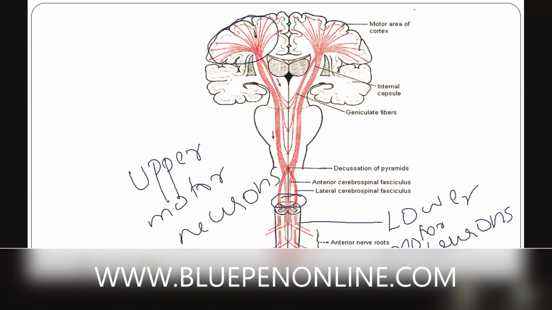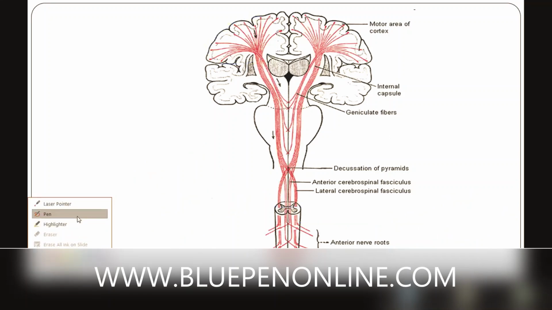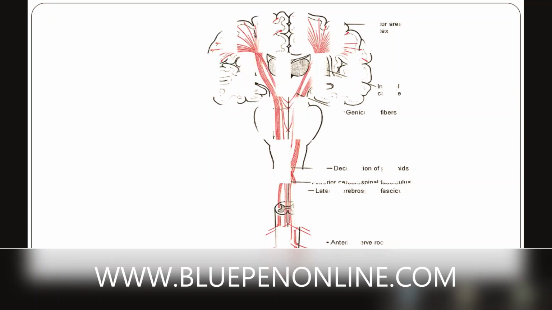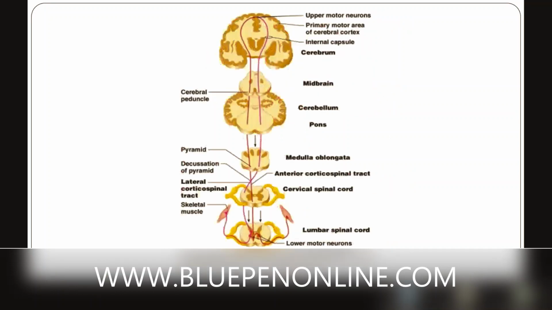Okay. So neurons that arise from the brain and end in the spinal cord are called upper motor neurons, and the neurons that synapse with these upper motor neurons, collect the information and end in the muscles are called lower motor neurons. So these are the two types of neurons seen in the pyramidal tract. The same is being shown here also.